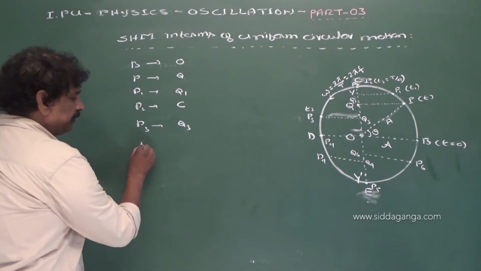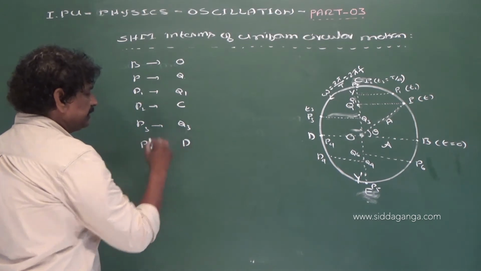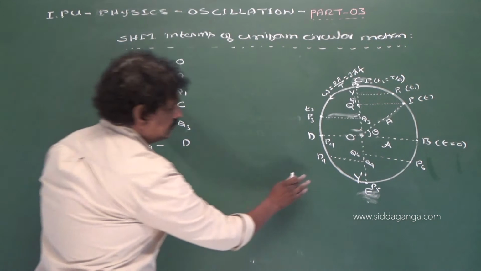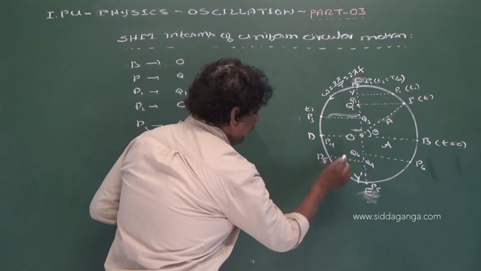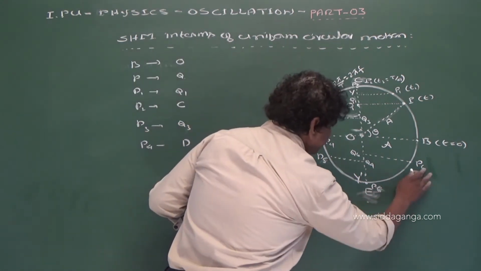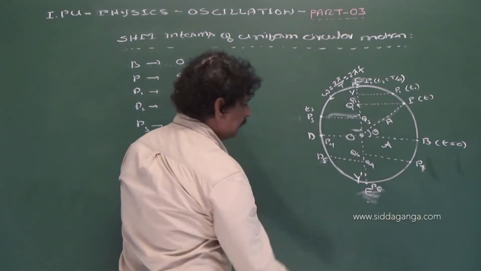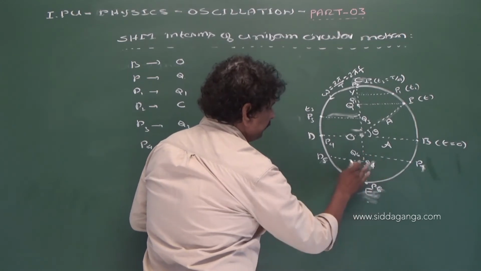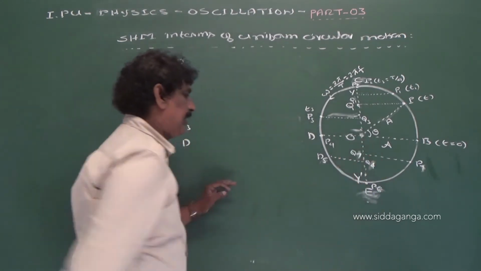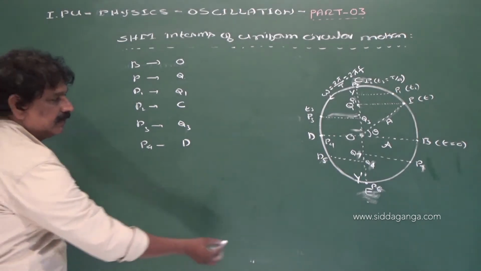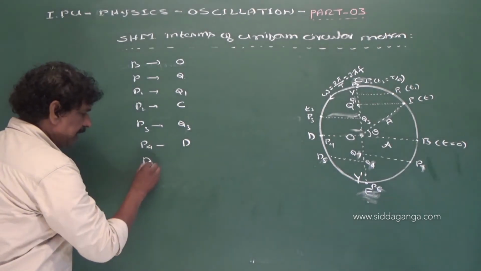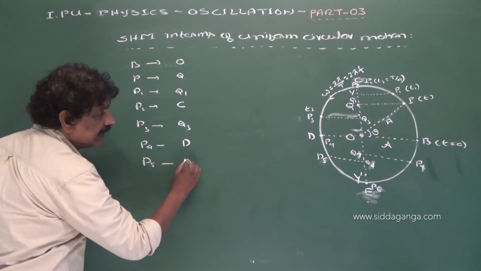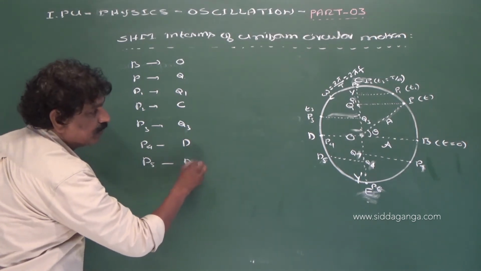Now it is at P4, that is D. Now take P5, P6, P7, this is Q4, Q7. Now when the particle is at position P5, the foot of the perpendicular is at Q5.